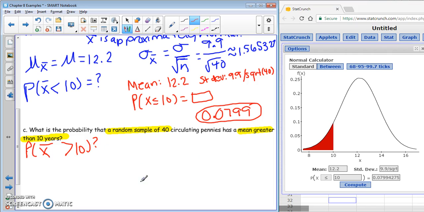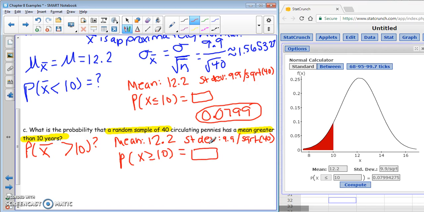So same thing here. The mean is going to be 12.2, and our standard deviation is still going to be 9.9 divided by the square root of parentheses 40 close parentheses, and we're looking at the probability that X is greater than or equal to 10.